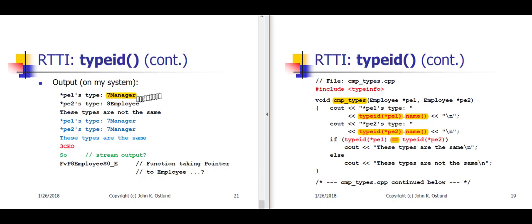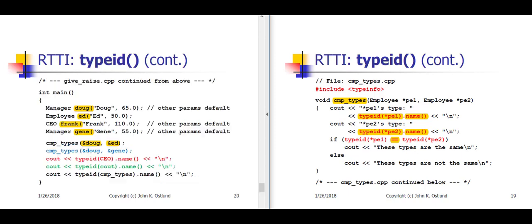Then what PE2 is pointing to is an employee. There are 8 characters in employee, and we are told that these types are not the same. The type ID of star PE1, which is a manager, is not the same as the type ID of star PE2, which is an employee.